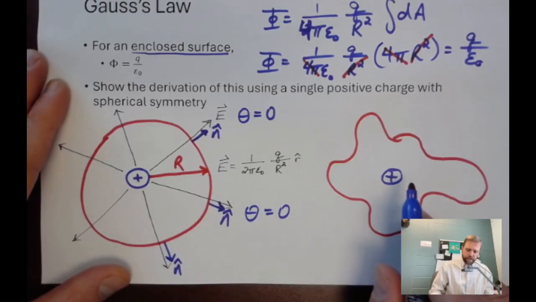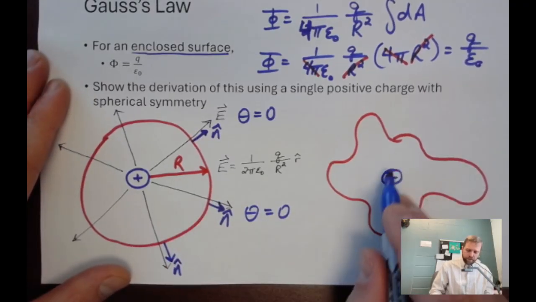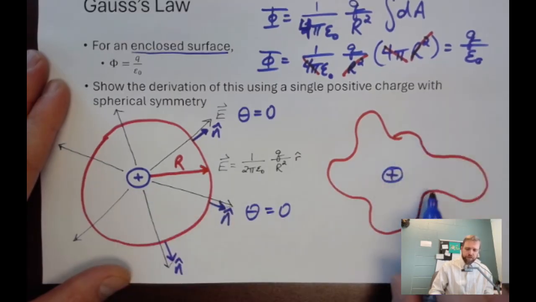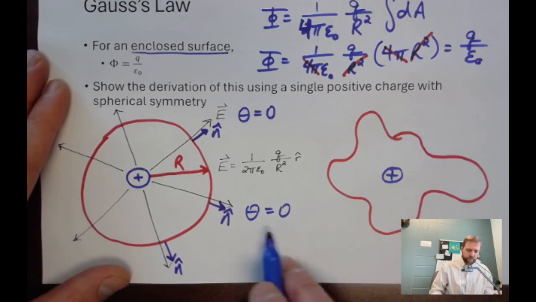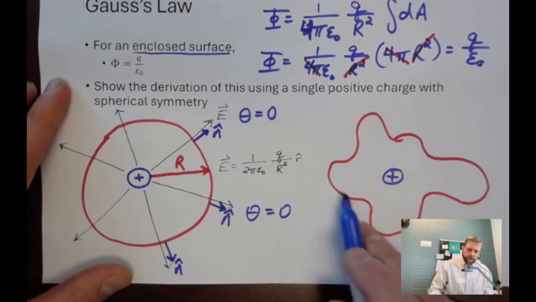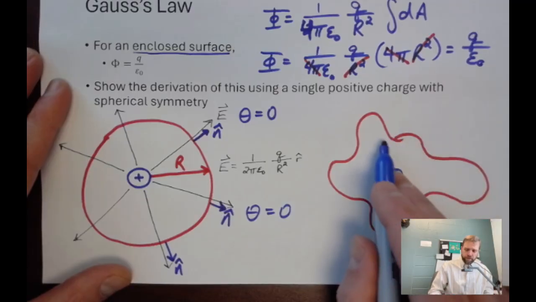And then all of this electric field is going out of that surface. So the same amount of electric field is going out of the surfaces, so it doesn't matter how convoluted this surface is.